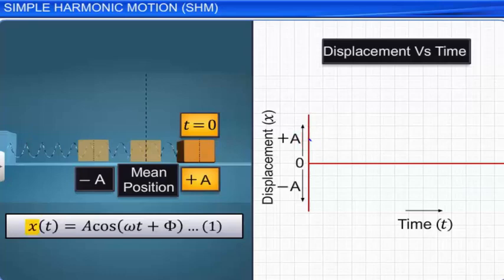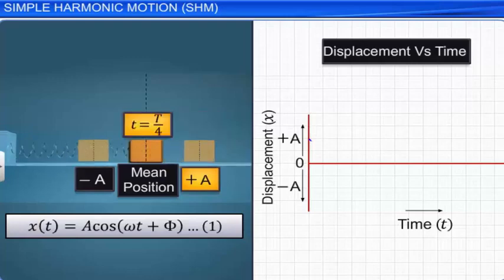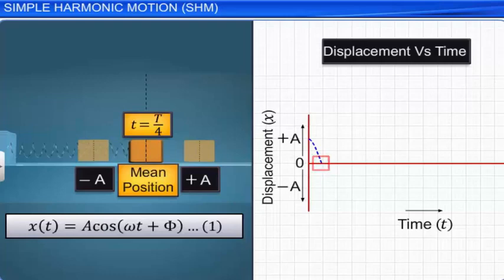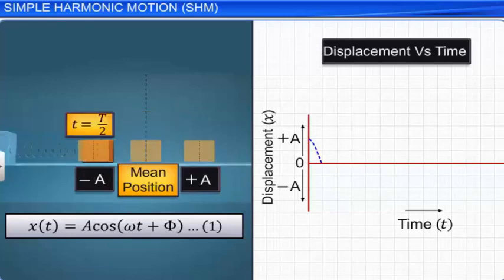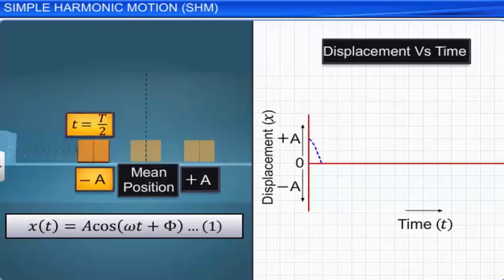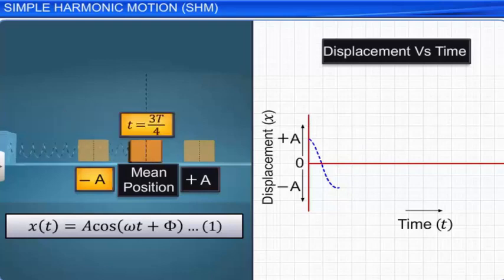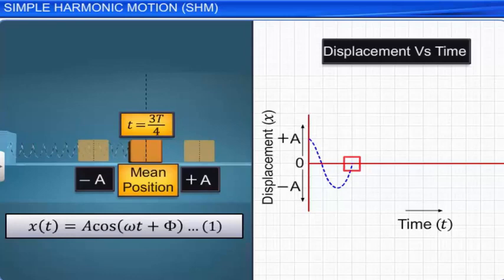When time t is equal to T/4, the particle will be at the mean position. For the oscillating particle, when t is equal to T/2, it is at the left extreme, and when t is equal to 3T/4, it is again at the mean position. When t is equal to T, it returns to the right extreme position +A.